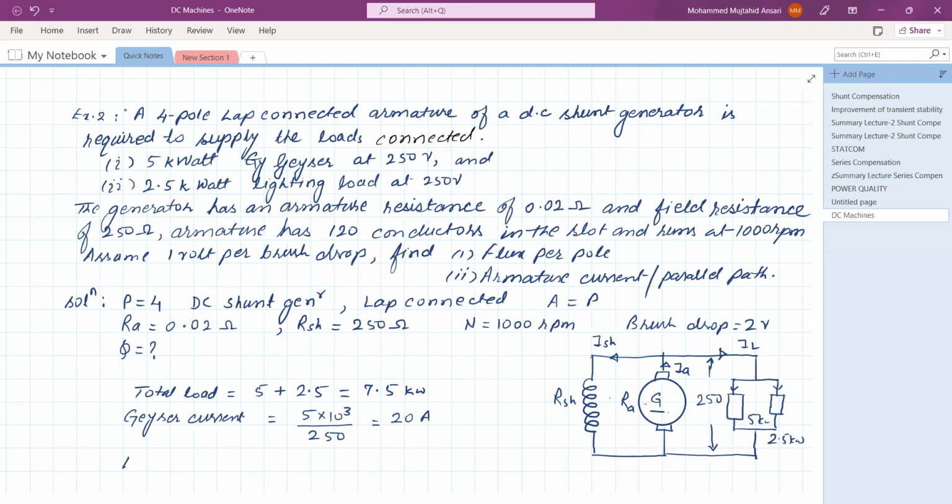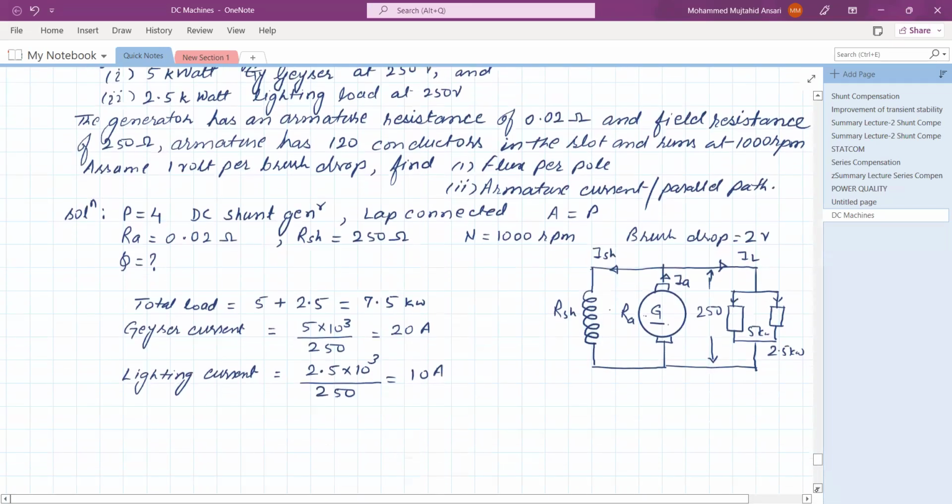Similarly, the lighting current. It is 2.5 kilowatt, convert into watt, 10 raised to 3, divided by 250 volt. It is equal to 10 ampere.